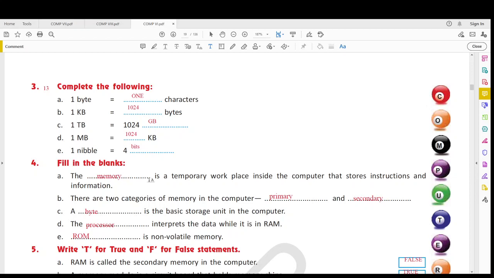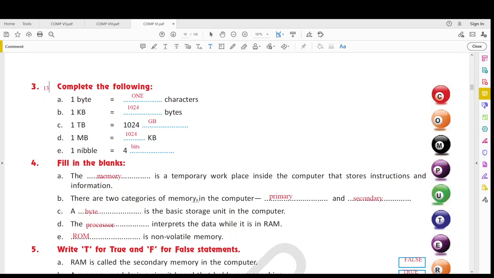Next, fill in the blanks. The dash is a temporary workspace inside the computer that stores instructions and information. The memory is a temporary workplace inside the computer that stores instructions and information.